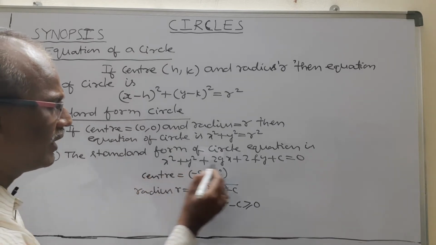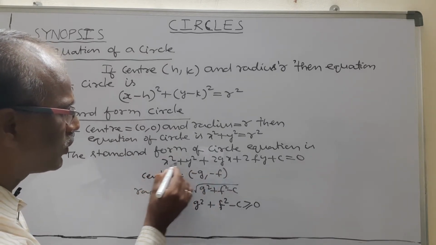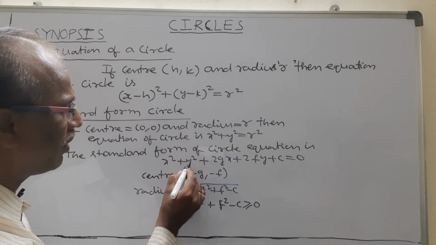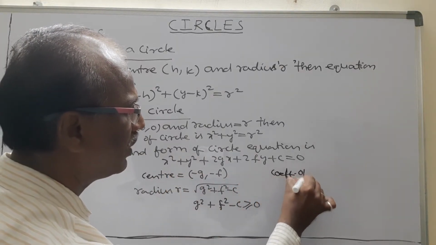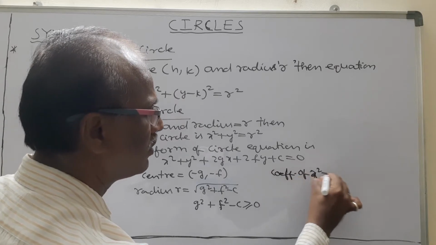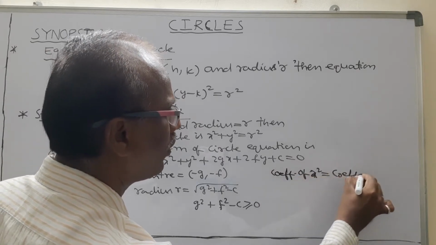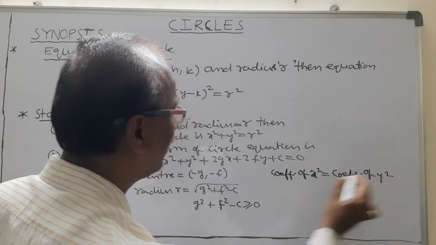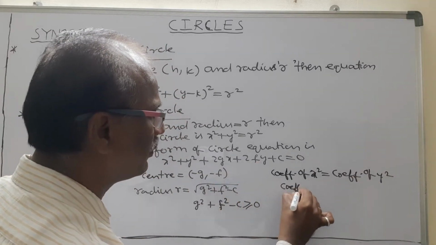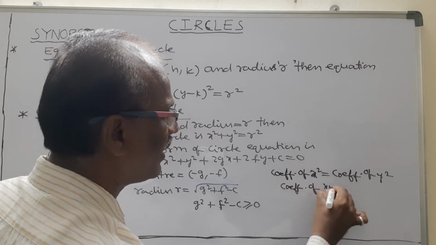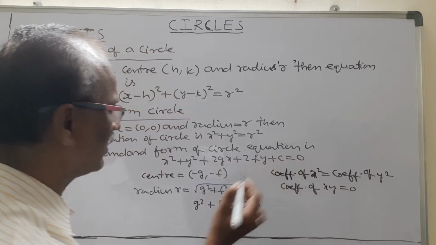Observing this equation, the coefficient of x square is always equal to the coefficient of y square. By observing this equation, the coefficient of xy is 0 in a circle equation.